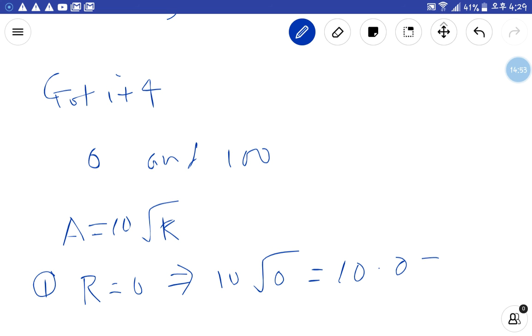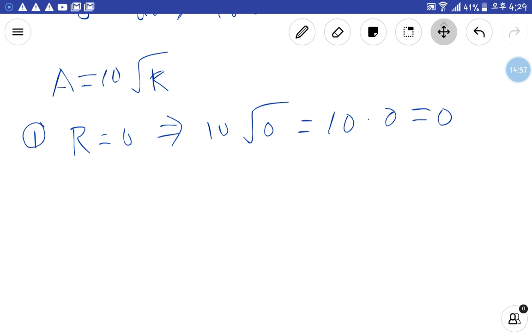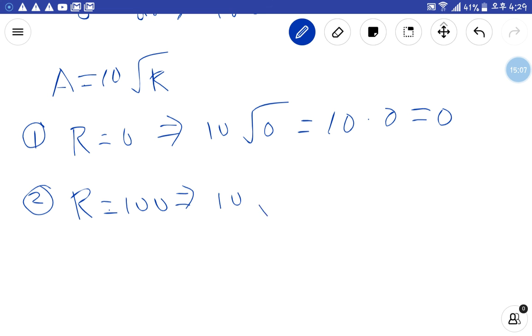What is it? 0. My second situation, my R equals 100. Then I can plug in 100 here. And what is it? 10 times 10, which is 100.